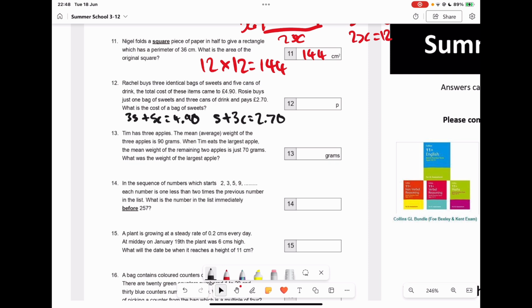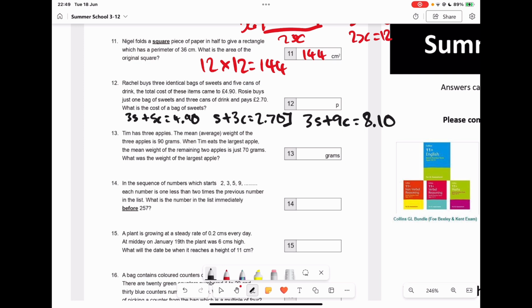multiply this equation by 3, meaning that 3 sweets plus 9 cans will equal £2.70 times 3, which is £8.10. And then we know that 3 sweets plus 9 cans is £8.10, and 3 sweets plus 5 cans is £4.90.